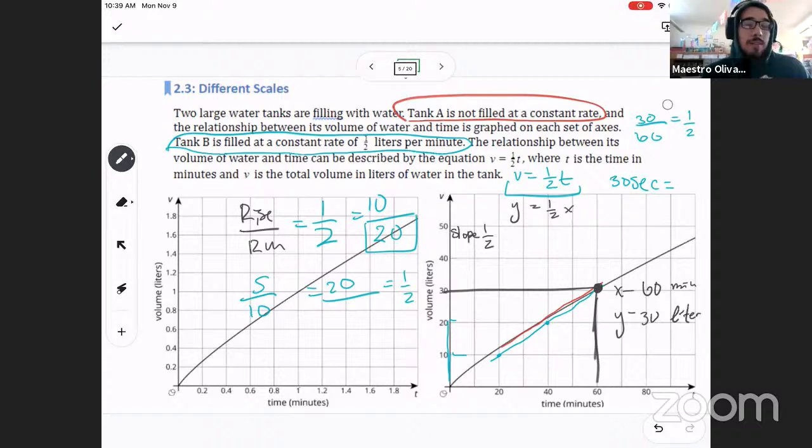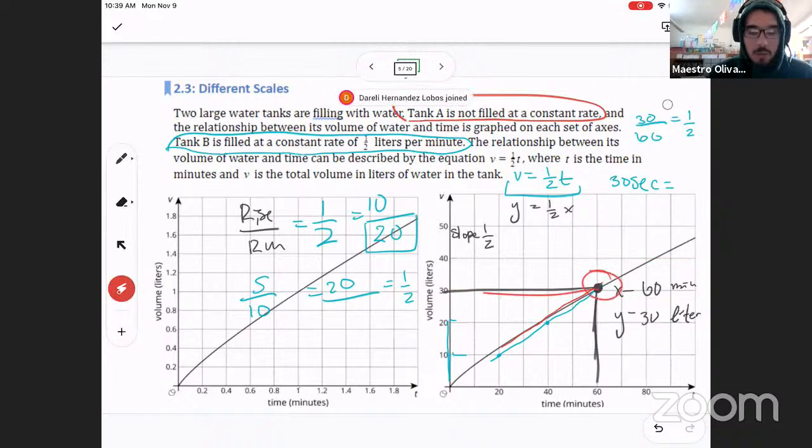When two lines cross each other, not only are the x values the same, they both have the same x coordinate, but they both have the same y coordinate as well. Same x and same y. So after 60 minutes, they both have 30 liters of water.